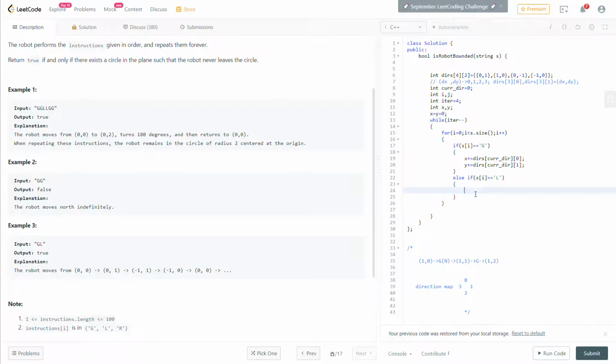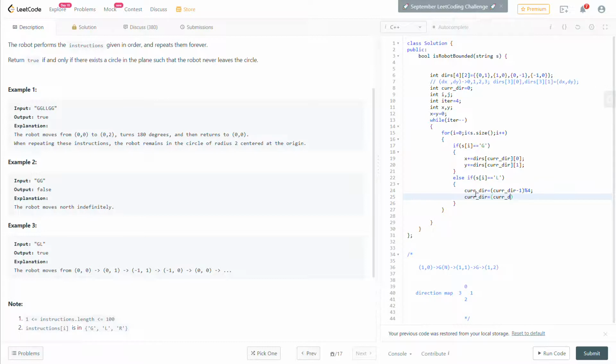So that logic works. We can write current direction as current direction - 1 modulo 4, and to avoid negative values, I'm again adding 4 and taking modulo 4.